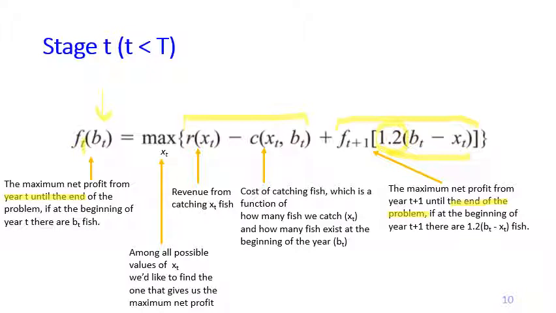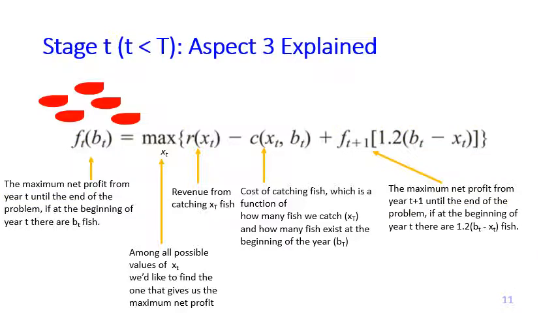And then same as before, we say that among all possible values of xt, among all possible values of fish that we can catch, we would like to find the one that gives us the maximum net profit.